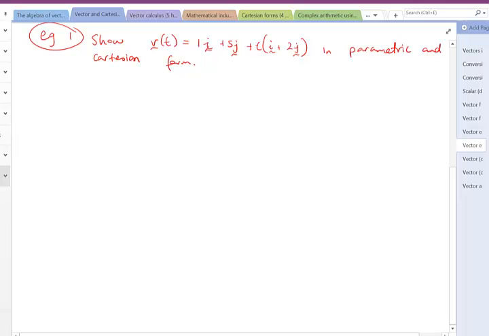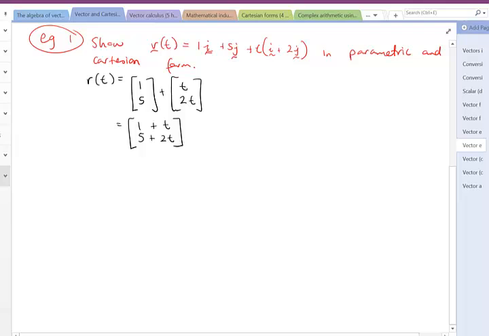Okay, so in this example, we're looking to show the vector equation of a line r in parametric and Cartesian form. If we start by looking at r in vector form and converting into column vectors, we have (1, 5) plus t(1, 2), and so that means we end up with 1 plus t and 5 plus 2t.